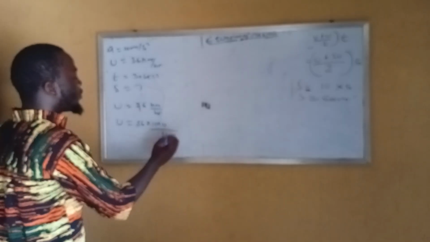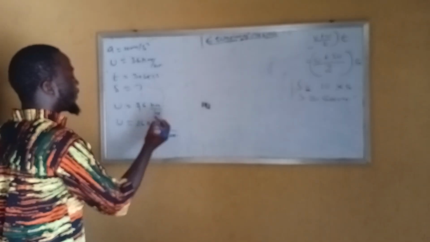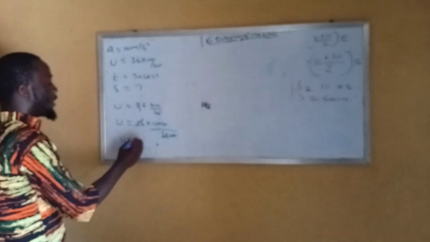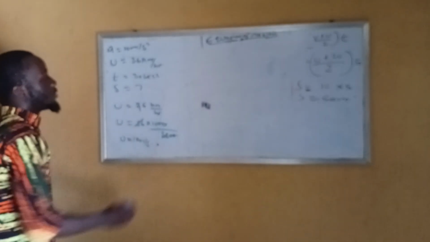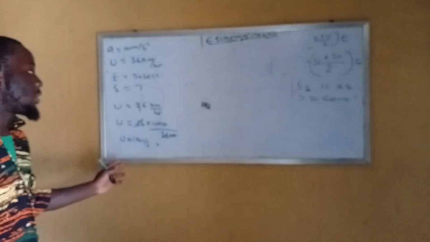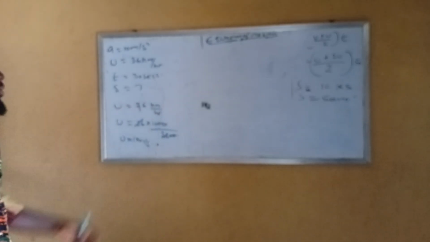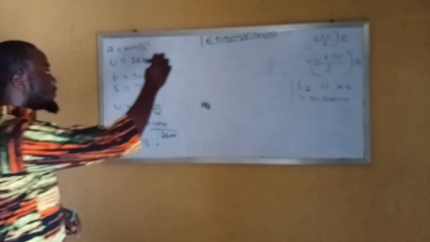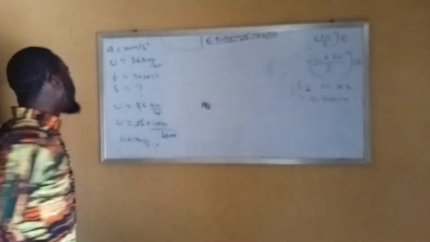So 2 zeros can cancel 2 zeros, 36 can cancel 36, then 1 times 10 gives you 10 meter per second. So now, what formula can I use to calculate for S?